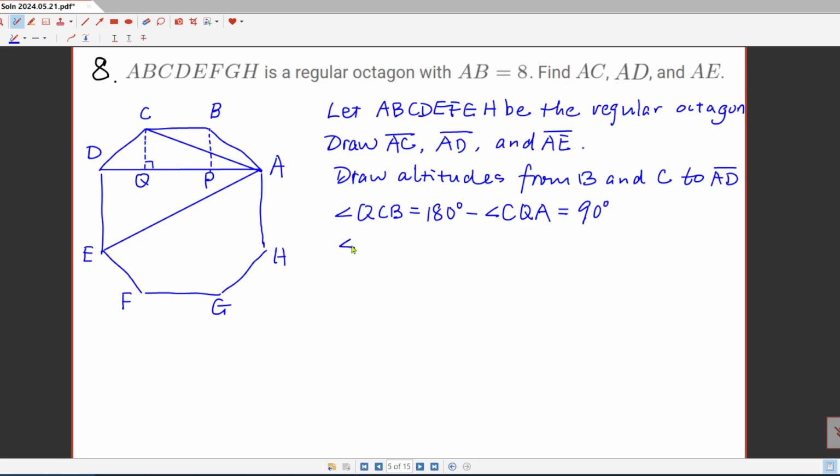So angle DCQ is angle DCB minus angle QCB, which is 45 degrees.